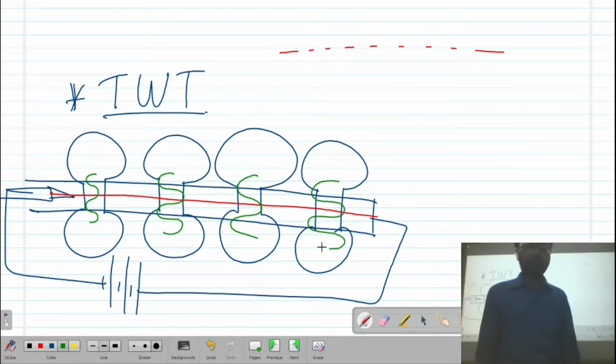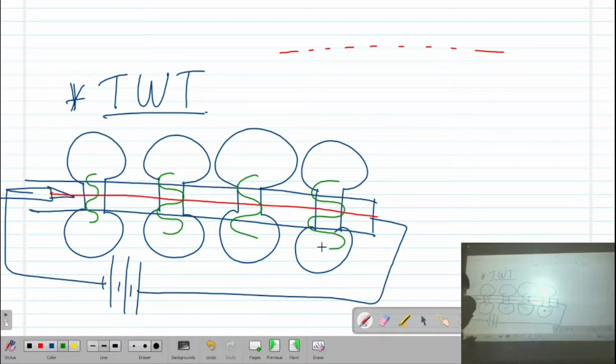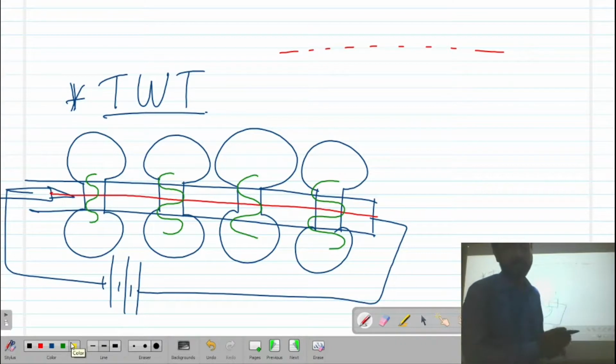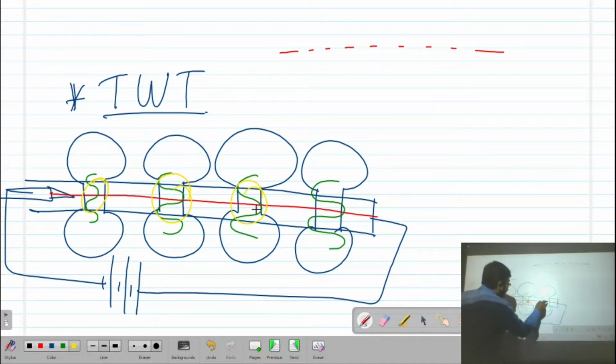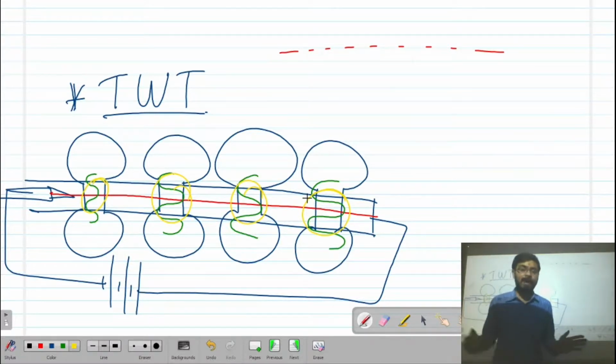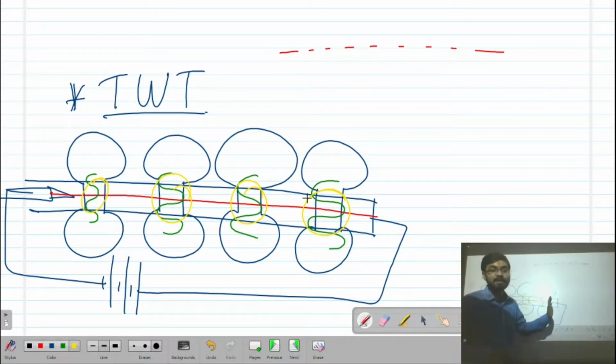You can think that you are having the interaction between the AC signal and this electron beam at four particular points: one over here, second over here, third over here, and fourth over here. The AC signal and the electron beam are interacting only at particular places.